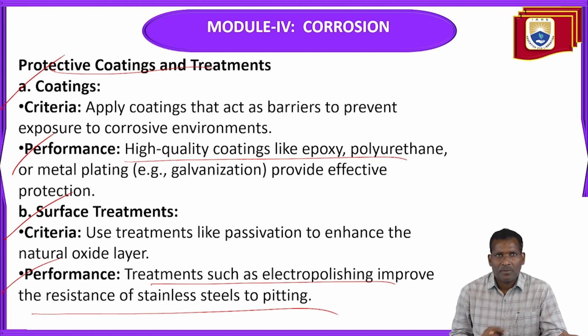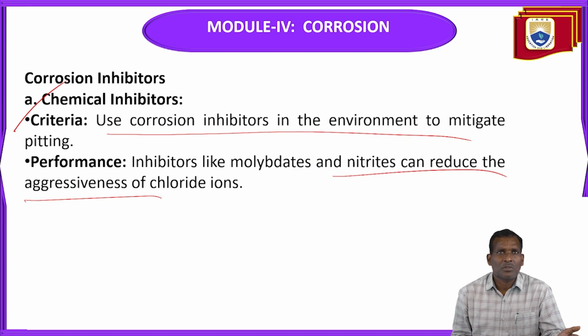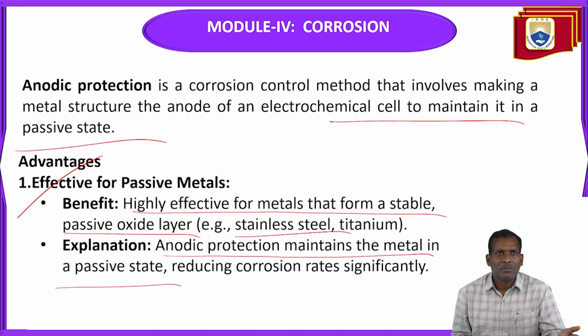Some surface treatments, like passivation, enhance the natural oxide layer. Then maintenance and monitoring: regular inspections and monitoring techniques, such as electrochemical noise analysis and pit depth measurements. The corrosion inhibitors, chemical inhibitors, and performance also we have seen.